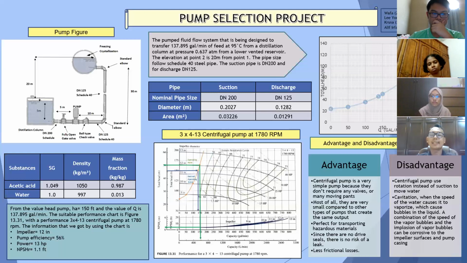Next is cavitation, when the speed of the water causes it to vaporize, which causes bubbles in the liquid. A combination of the speed of the vapor bubbles and the implosion of vapor bubbles can be corrosive to the impeller surface and pump casing. This disadvantage is related to the first one, which is that we cannot control the speed, the flow rate of the water.